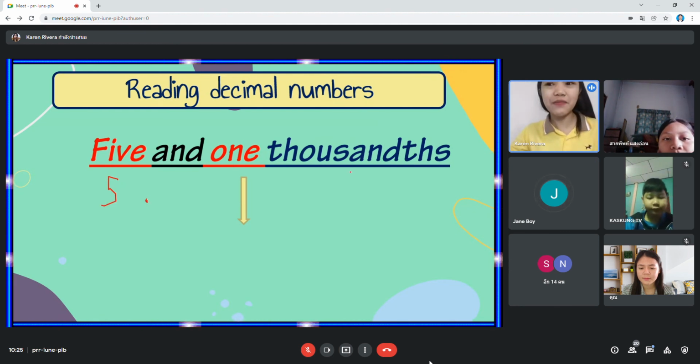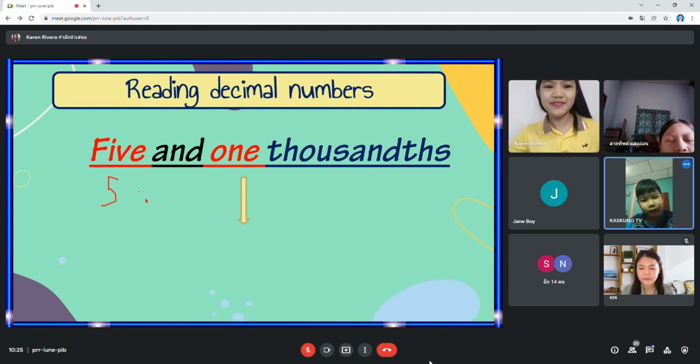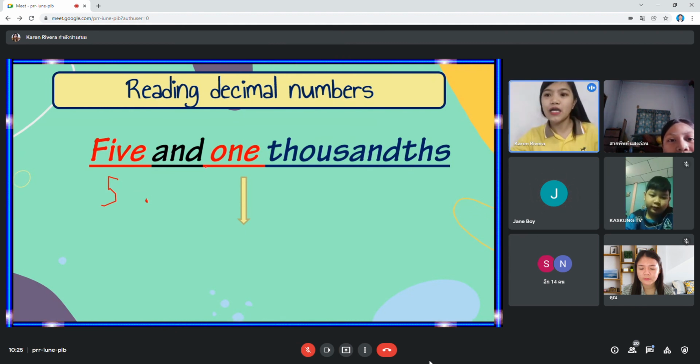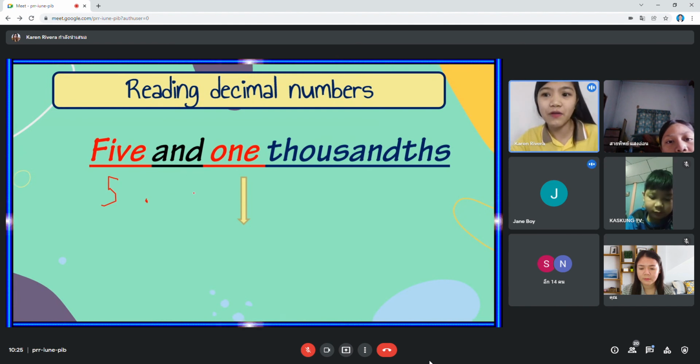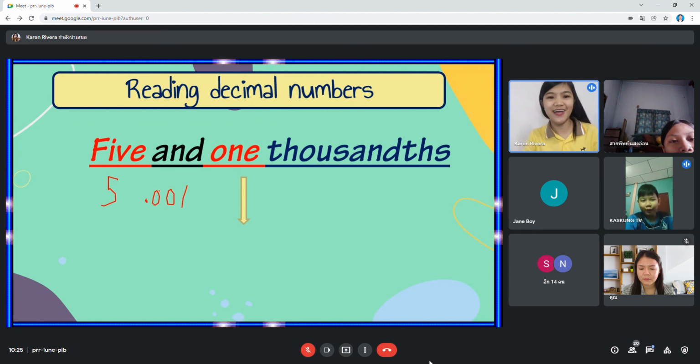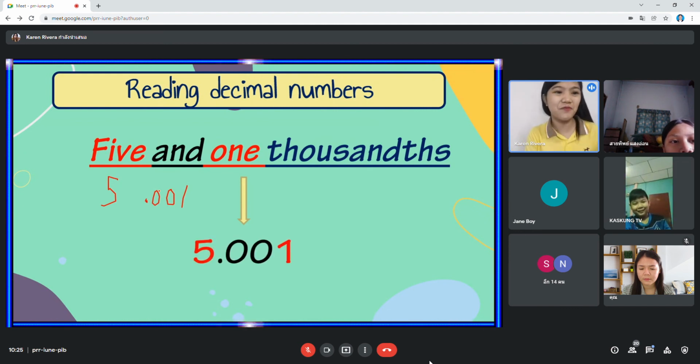How many decimal places do we have? 3. So 3. Since this is a 1,000, from 1, thousandths, 2 zeros. So the answer is 5 and 1,000.